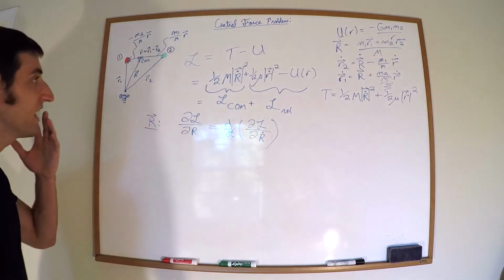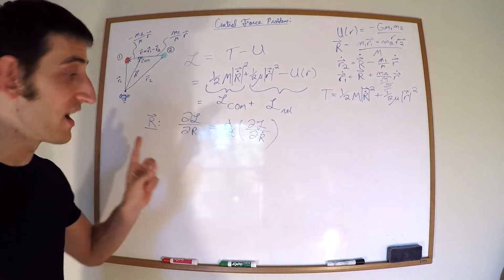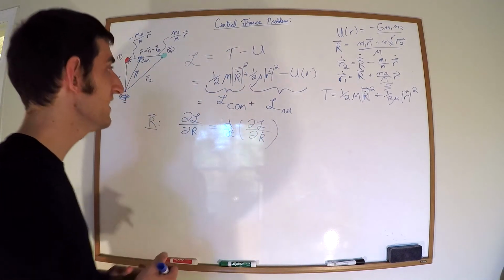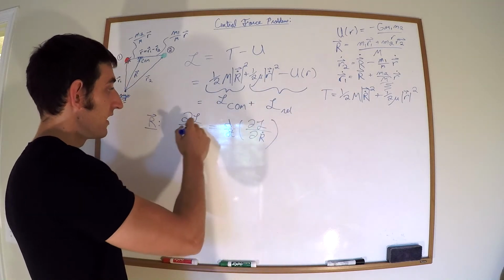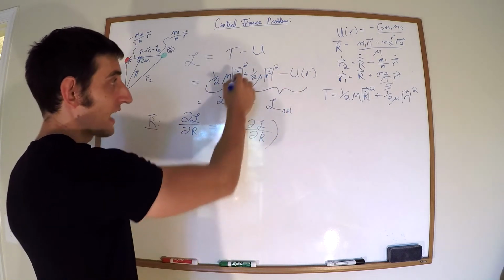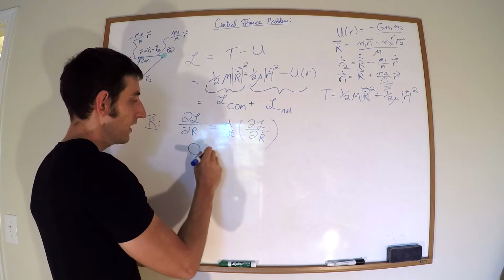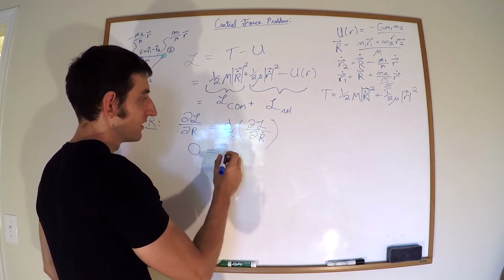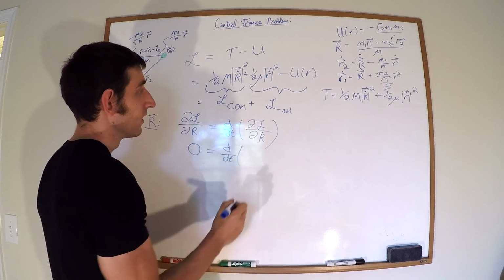So what we find when we do this is something special. There's something special about this equation. The thing we find is that the Lagrangian is independent of big R. We don't have that popping up. We only have R dot, right? So this guy becomes 0. And this just becomes the derivative d/dt of this.